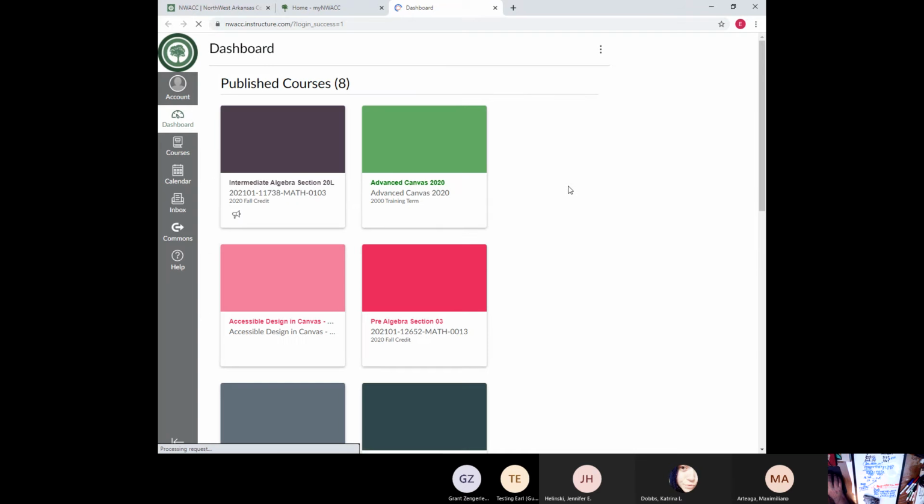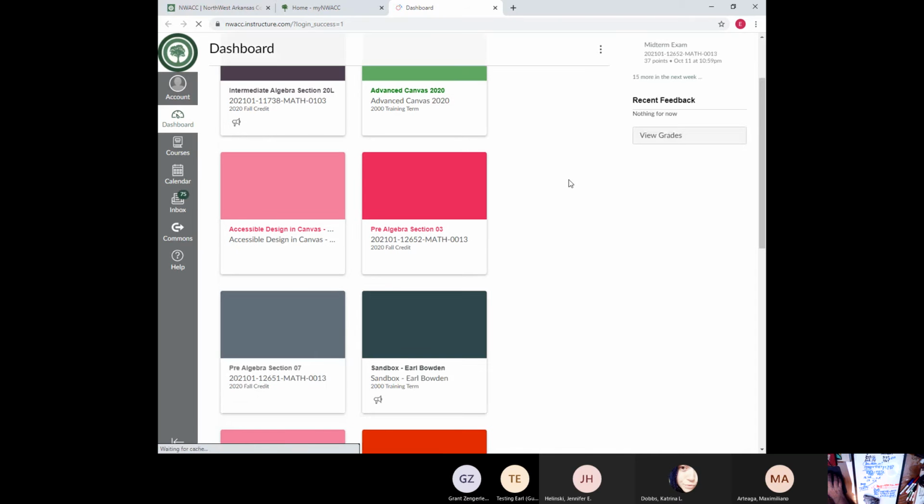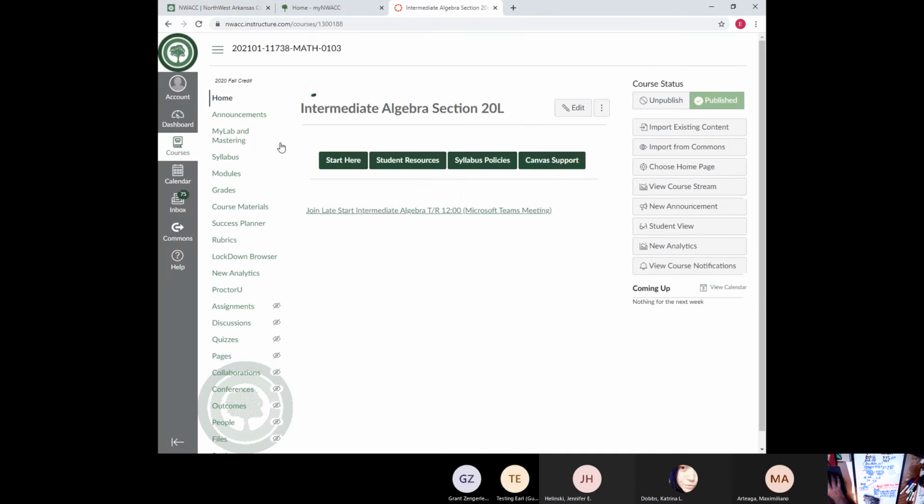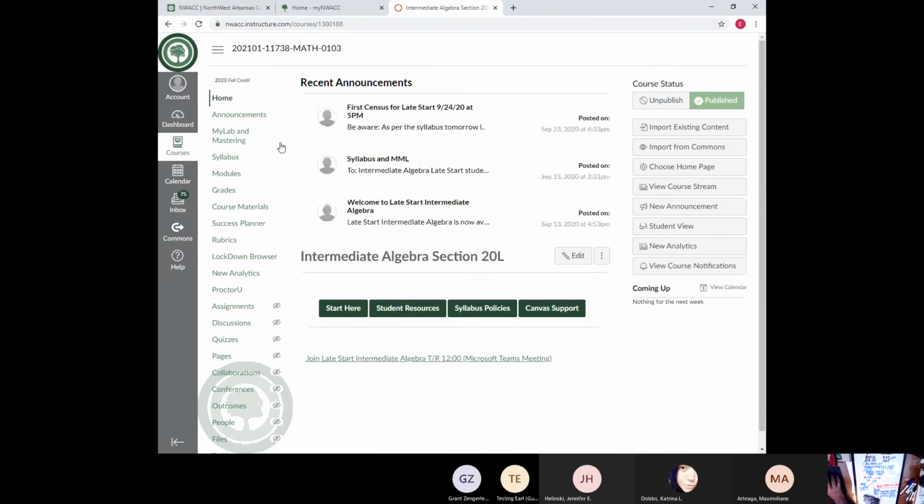Wow, this is a real dog. Here is the intermediate algebra that we're in. Okay, there is the class. Got some announcements here. I got to figure out how to get rid of those announcements.